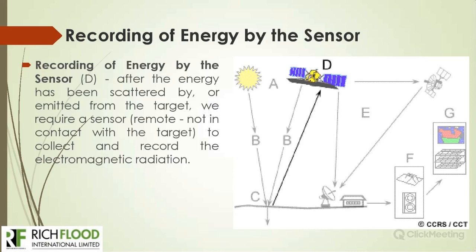The sensors are of various categories. In terms of your aerial photography, you use your drone or your aircraft attached with a camera and try to monitor or study the object or phenomenon on the Earth surface.